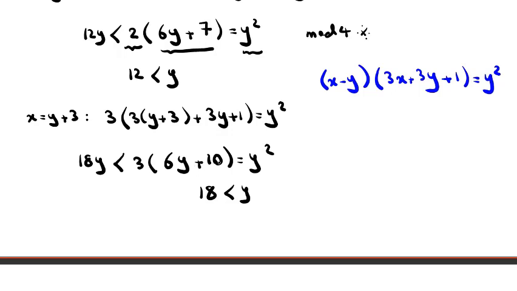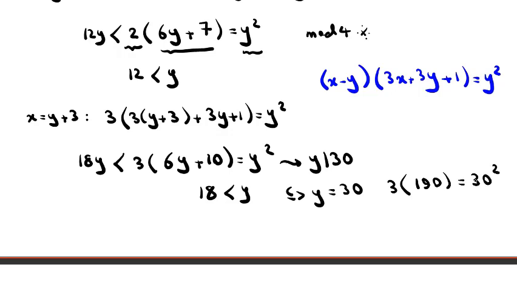You can check divisibility again, or you can say again the right side is a multiple of 4 and the left side is even. Here y divides 18y, so y divides 30. The only divisor of 30 that's greater than 18 is y equals 30. And if you replace y with 30, then it will be 6 times 30, 180, plus 10, 190, and it is equal to 30 squared. The left side is a multiple of 19, the right side is not a multiple of 19.